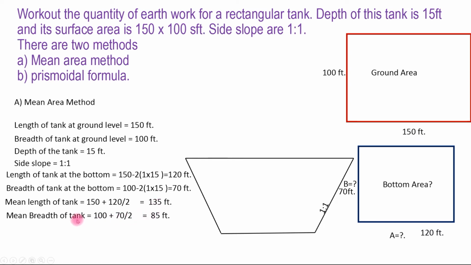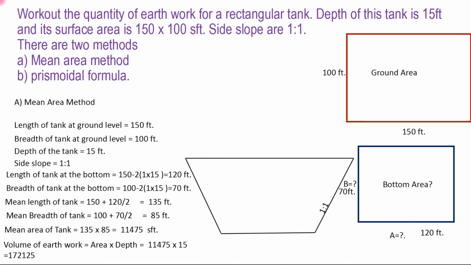Mean area of the tank is 135 into 85, which is 11,475 square feet, and the volume of earthwork we calculated is 172,125 cubic feet.